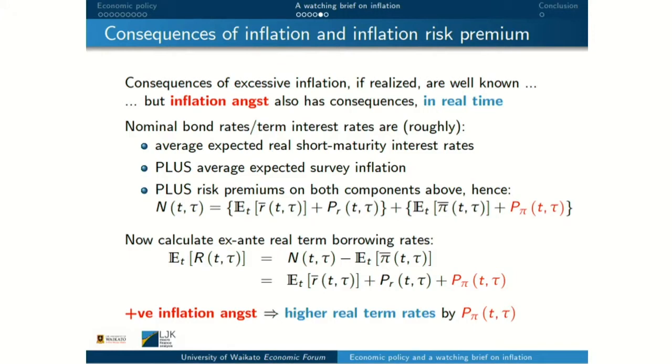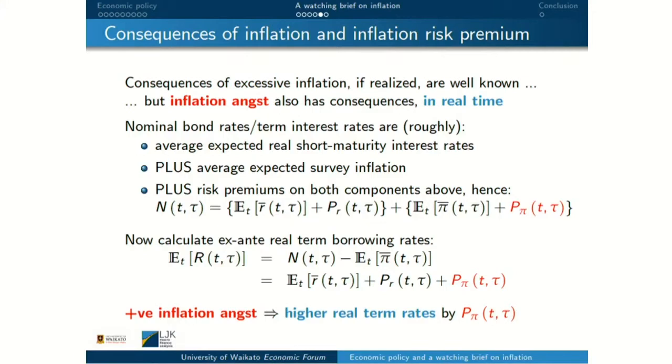So if you think about a nominal bond rate, that the government issues bonds at, so essentially borrows from the market at, or a nominal interest rate that, say, a mortgage holder pays for a loan from the bank, you can think of those nominal rates as being composed of 4 components. Firstly, where do you think the real short-term interest rate is going to average from now up until the time to maturity of that loan or bond?